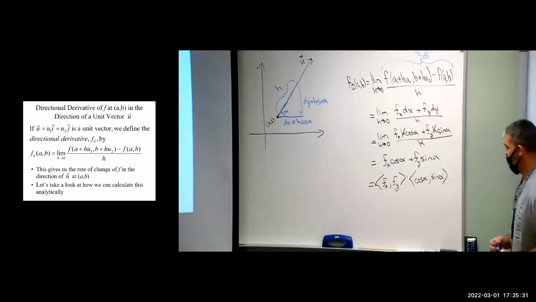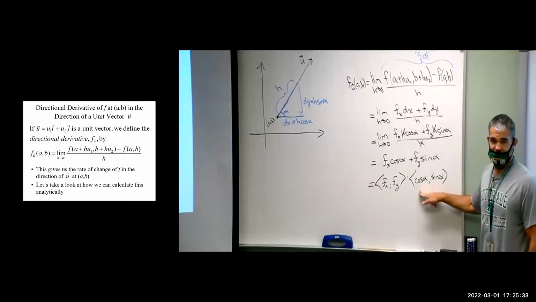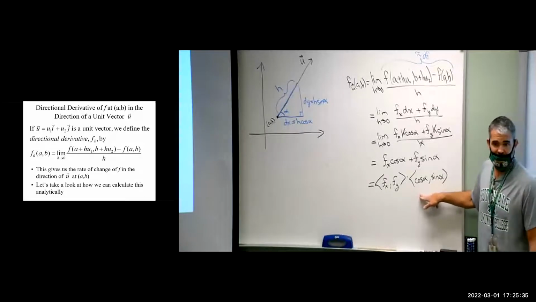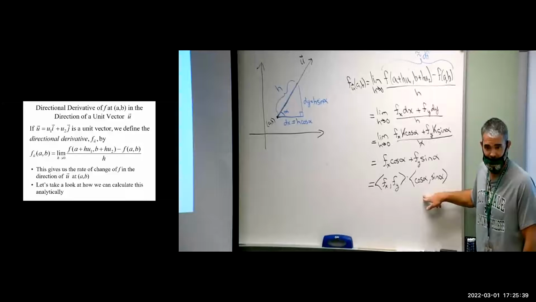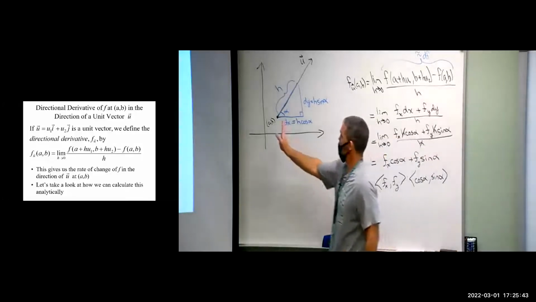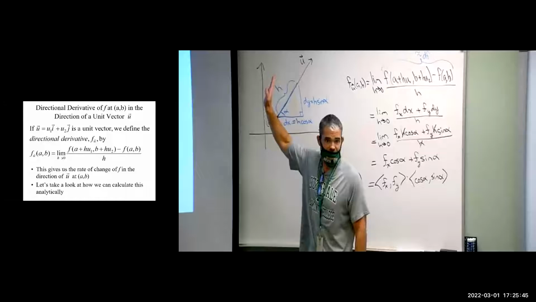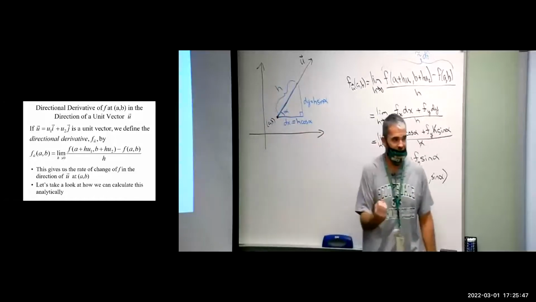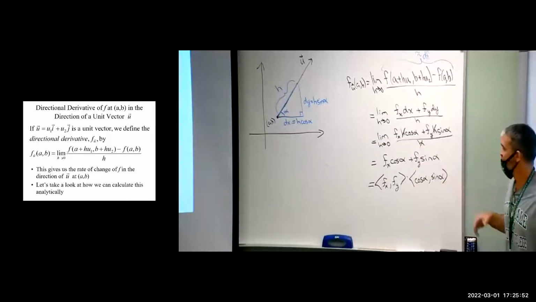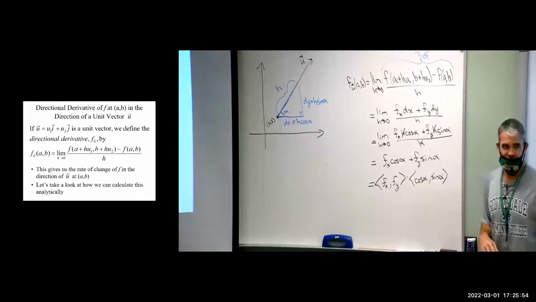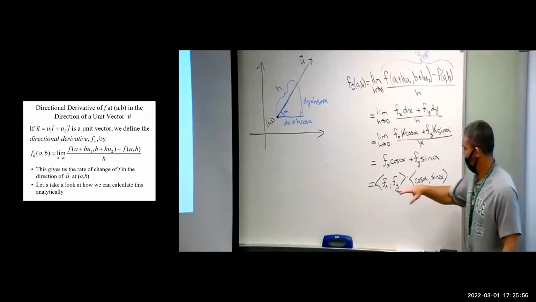Number one, this is a unit vector because cosine squared plus sine squared is 1. So the square root of that is 1. So we know the magnitude of this is 1. So this is a unit vector in the direction we were interested in finding the derivative in. That means it preserves direction, but gets rid of the magnitude. So there's our unit vector in our direction.